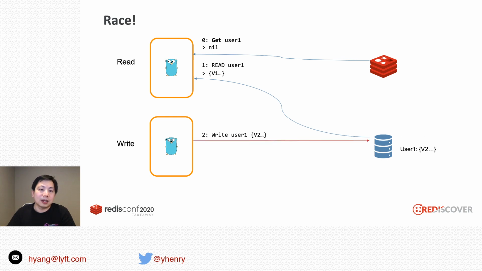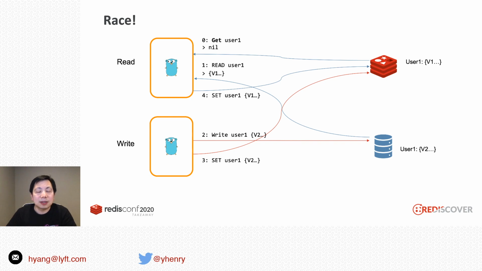So we would update the database, update the cache, then back to the read request, which would revert the value in the cache. Now we're back to an inconsistent state again. Traditionally, we have two methods of solving this. One is using Redis transactions. The other one is using Lua script.